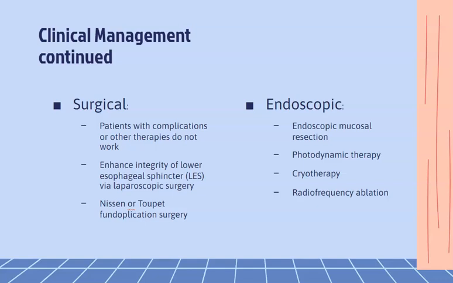And if possibly it is a significant issue of the lower esophageal sphincter, then we can look at a Nissen or Toupet surgery, which is where they are targeting support for the lower esophageal sphincter. They can even use magnets, where they would put magnets around the lower esophageal sphincter that provides strength and better ability for it to close and remain closed, to prevent gastric contents from backing up into the esophagus.